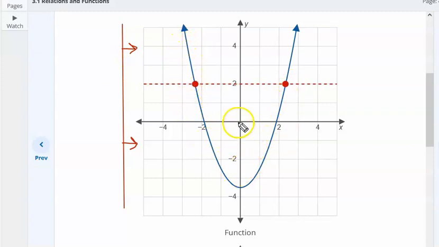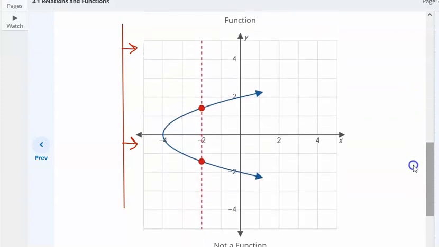It only intersects in one place at a time as you pass it over the surface of the graph. So it passes the vertical line test. It is a function.